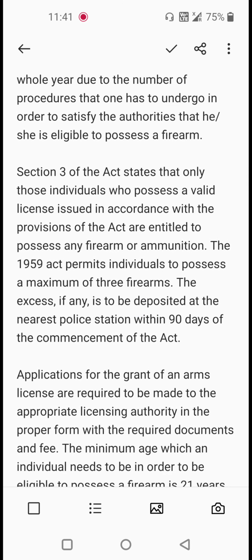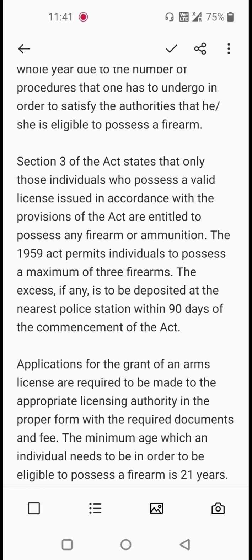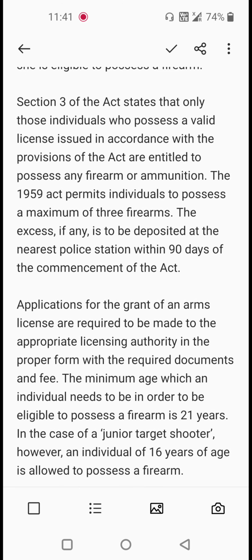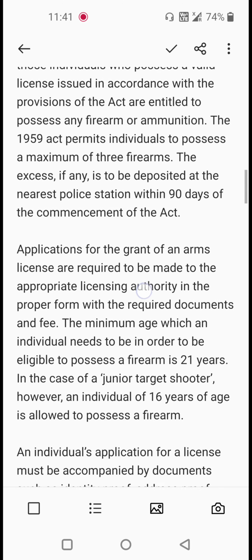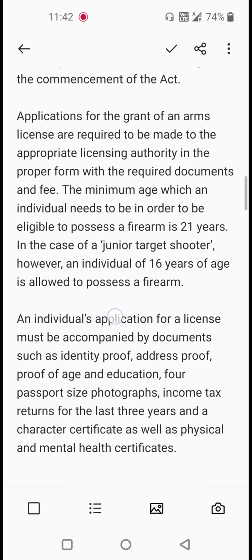The excess, if any, is to be deposited at the nearest police station within 90 days of the commencement of the act. If an individual has more than 3 weapons, the weapons beyond 3 have to be submitted to the nearest police station within 90 days of the commencement of the act. But now the rules have been changed. Just go ahead and we will discuss it.